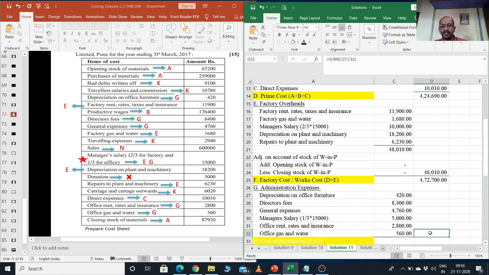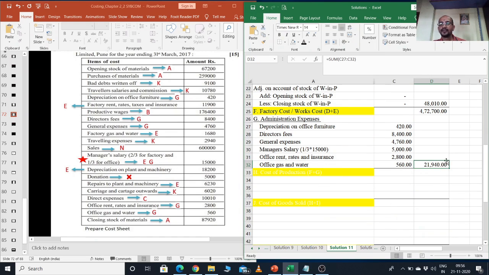Now again do the total of these items. It is 21,940. Next you just need to add these amounts.